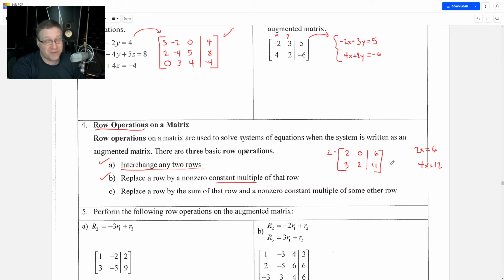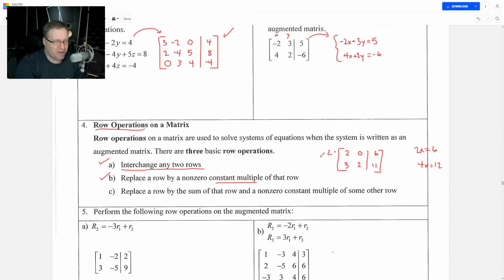Now, this one's a little bit more difficult to understand, all right? But what it means is that it's not going to change the equation if instead of writing row 3, maybe I could write 2 times this row plus this row, and it's going to keep it the same.